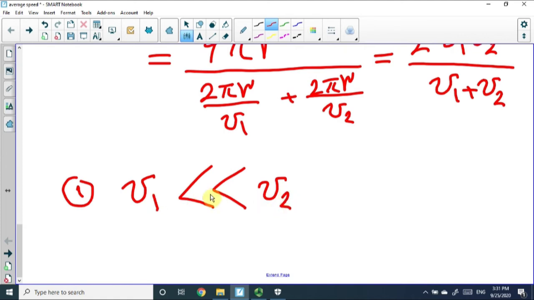That means v1 is very, very small compared to speed number 2, and speed number 2 is very large. Physically, because v1 is so small, it will take a very long time to finish the first lap. However, it will take a very short time to finish lap 2. So now the question is, what do you think the average speed will be in this limit?